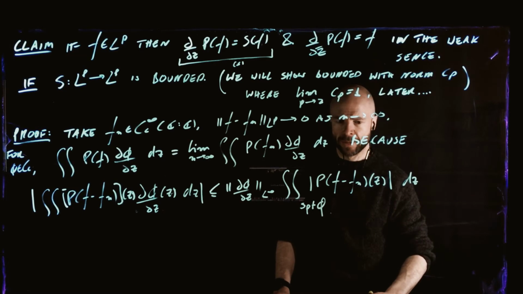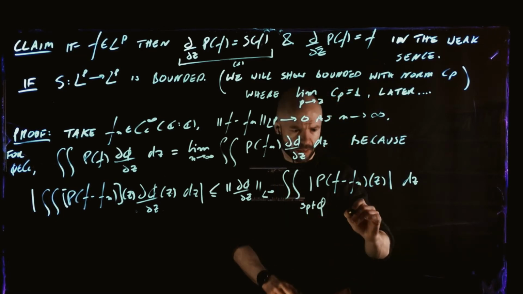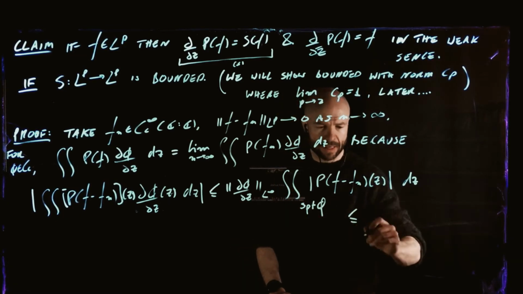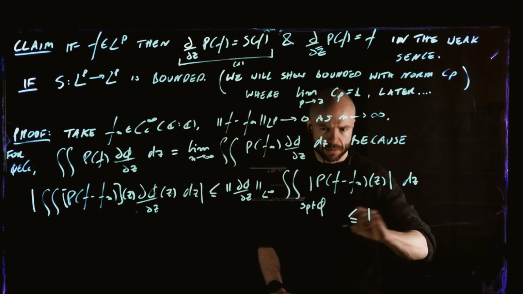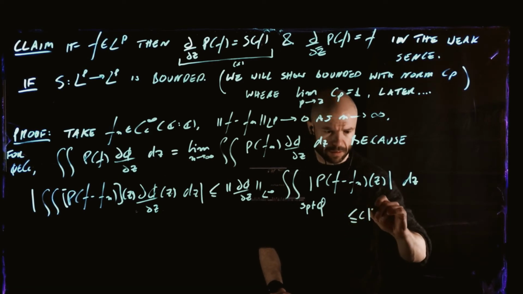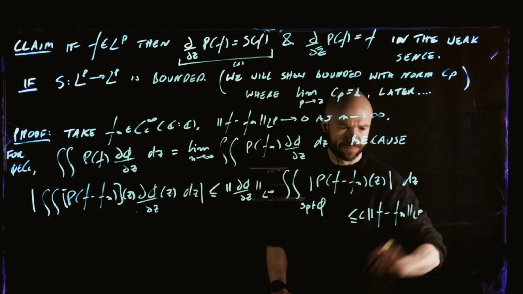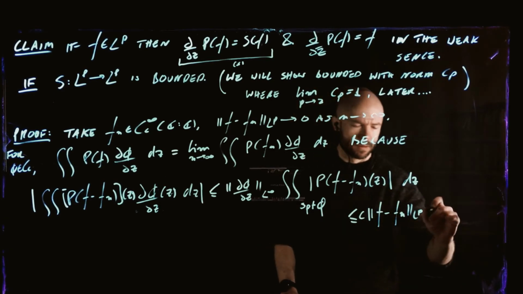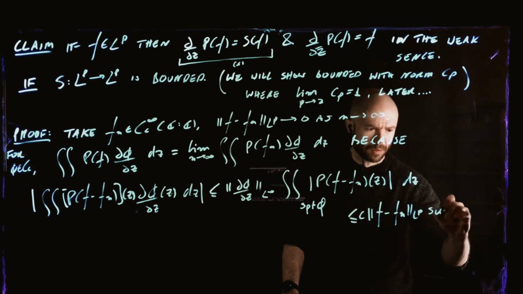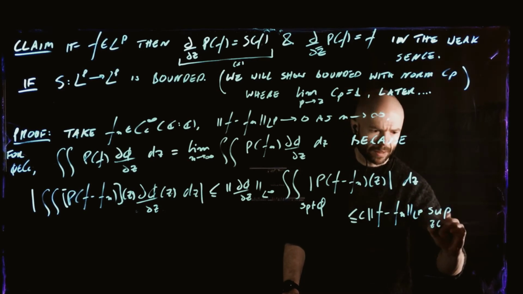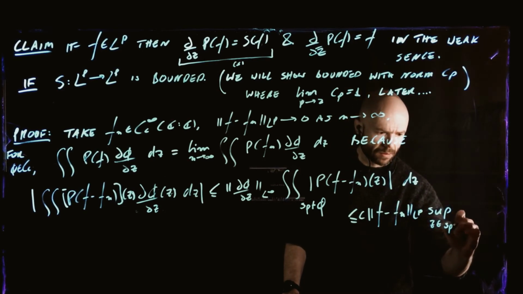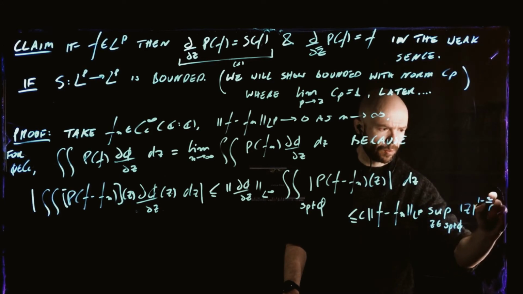But then this thing, we know it's less than some constant times the LP norm of f minus fn, and then the supremum over the compact support test function of z to the power 1 minus 2 over p.